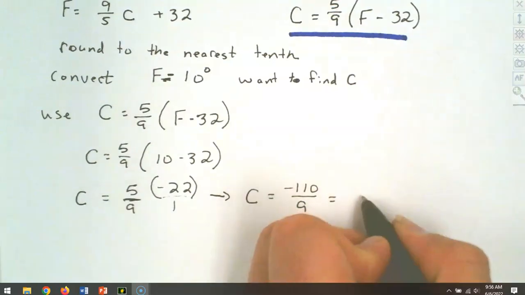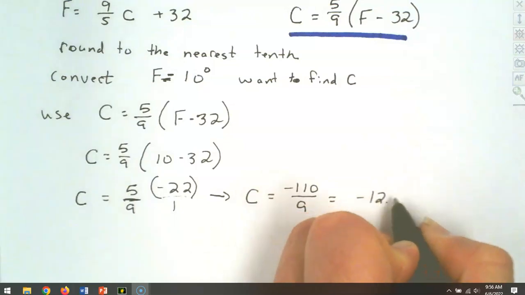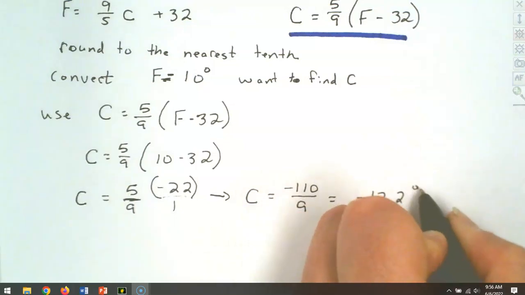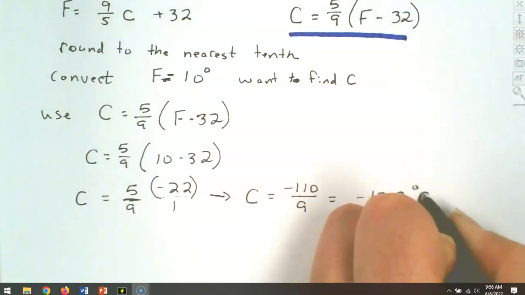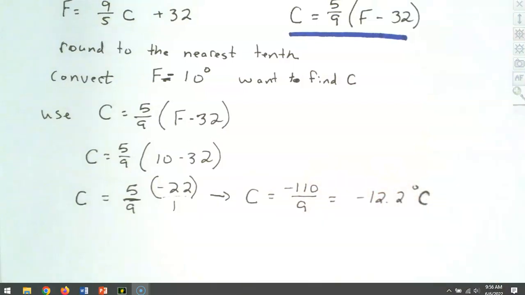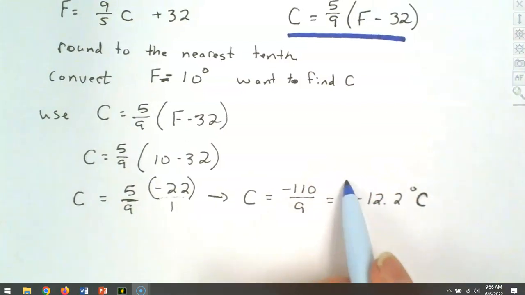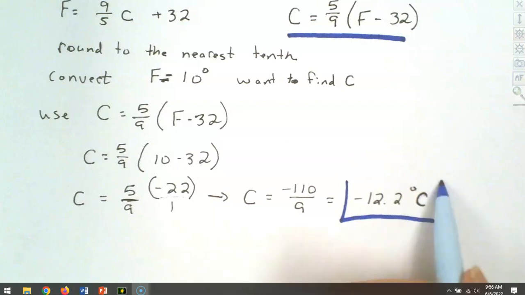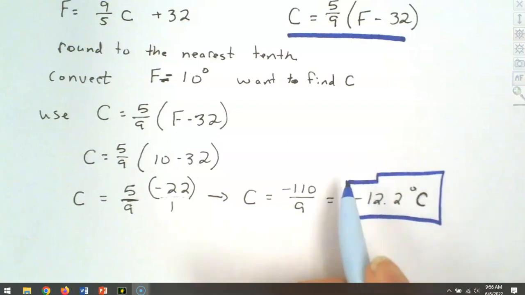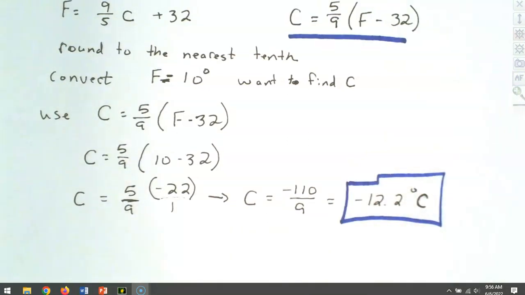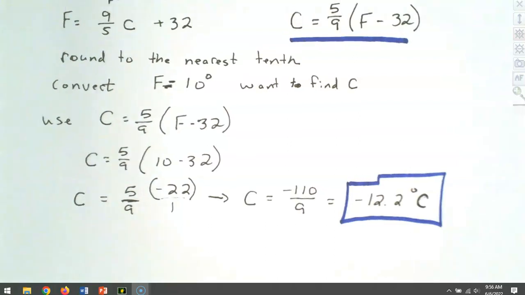That's going to now be a negative 12.2, and that's going to be in degrees Celsius. So that Fahrenheit temperature of 10 degrees comes out to be a negative 12.2 degrees Celsius.